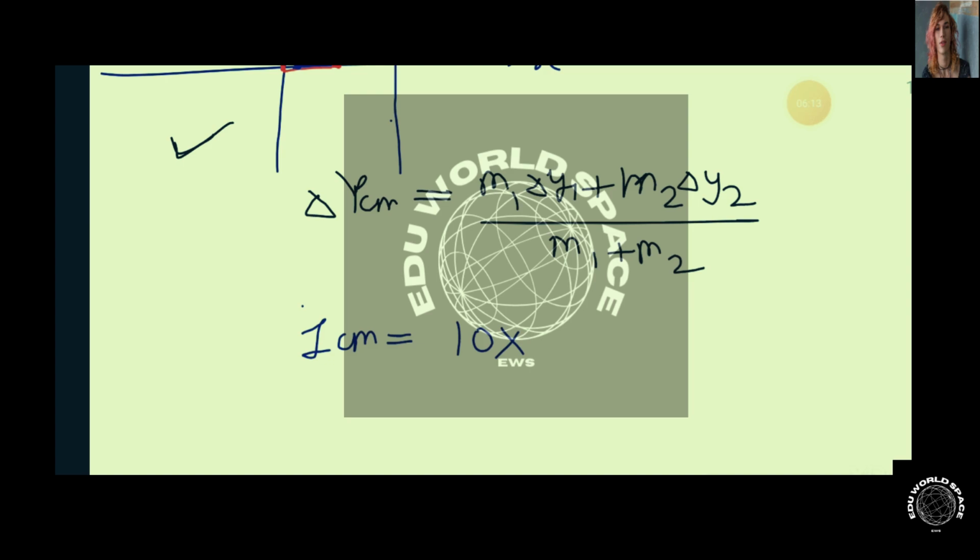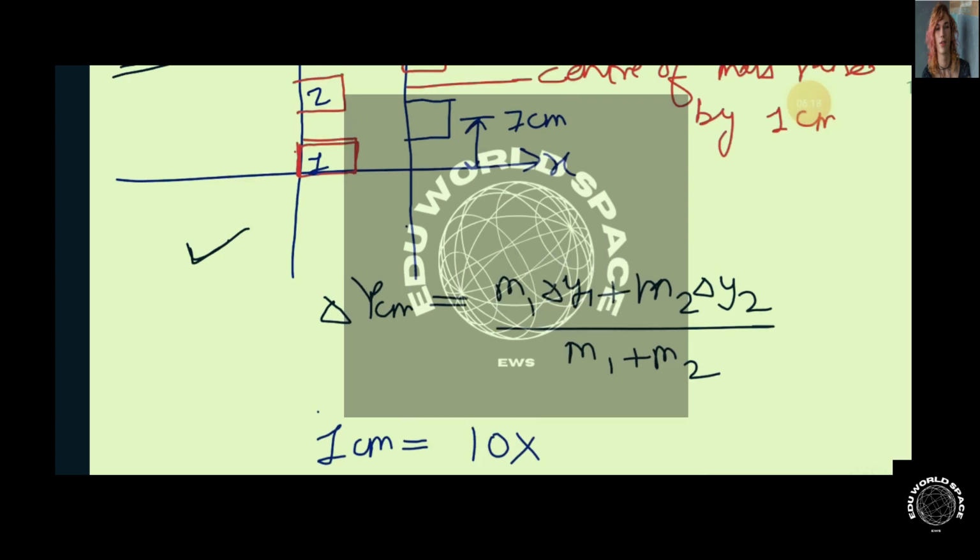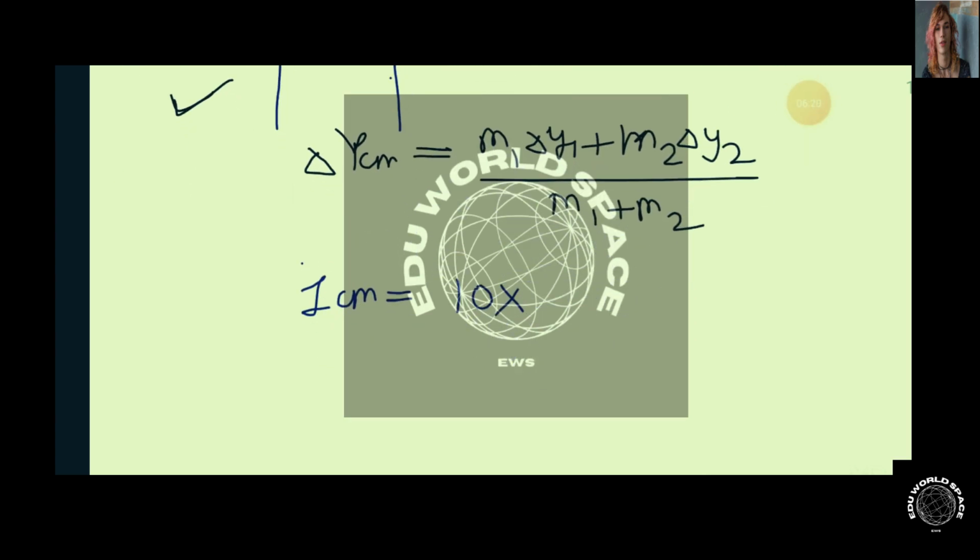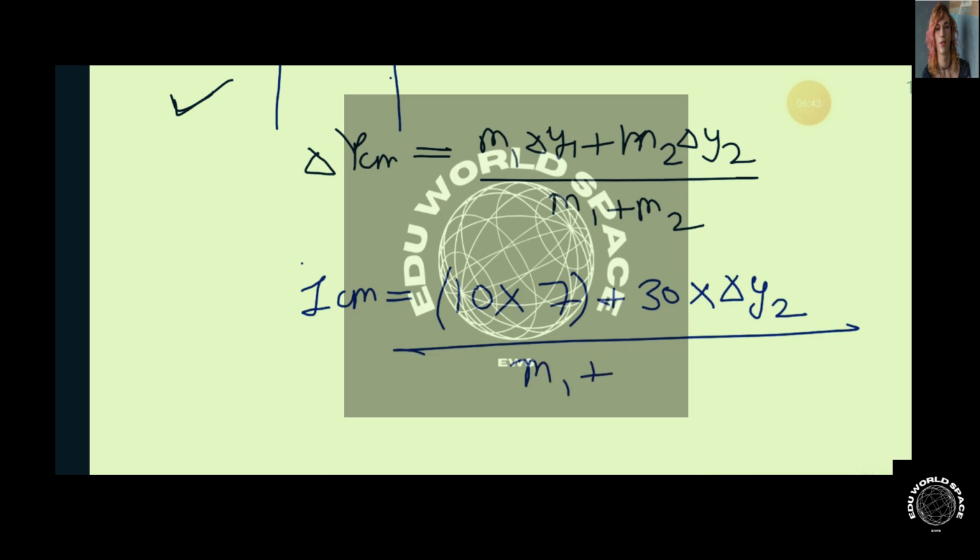The first block is raised by 7 centimeters, so delta y1, the change in position of the first block along the vertical axis, is 7, plus m2, which is 30, multiplied by delta y2, which we have to find out, divided by m1 plus m2, that is 10 plus 30.